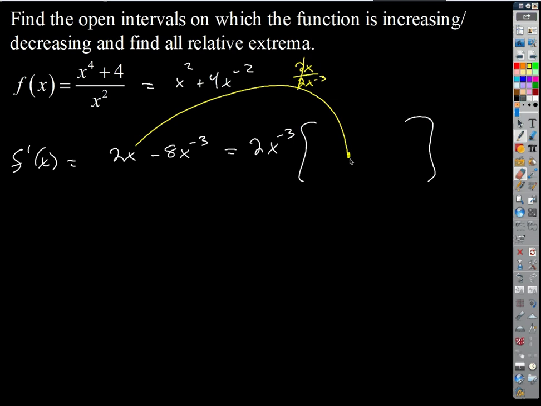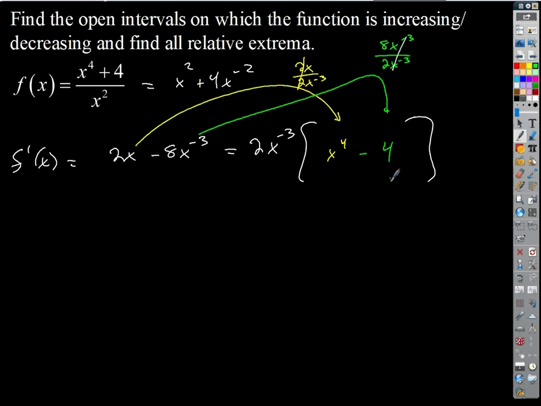Everybody see that? Okay. And then what about the second part? Second part here, we'd be dividing 8x to the negative 3 by 2x to the negative 3. So the x's would cancel, and I would just get, it's a minus, isn't it? So I would just get minus 4, good? Okay.